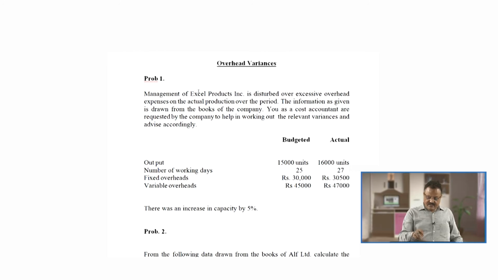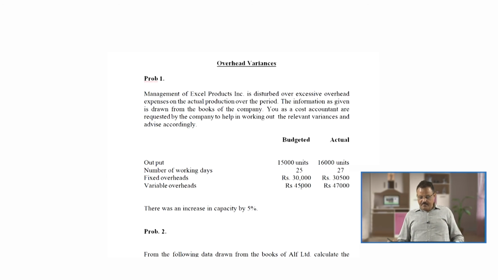Because the information given to us is in the form of variable and fixed, if you look at the fixed overhead cost, the total fixed overhead cost is 30,000, right. And what are the number of units? Standard I am talking about, 15,000. So, fixed overhead per unit is 2 rupees.